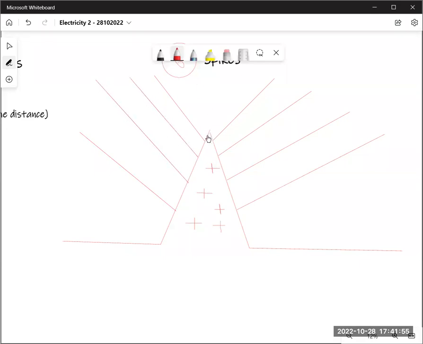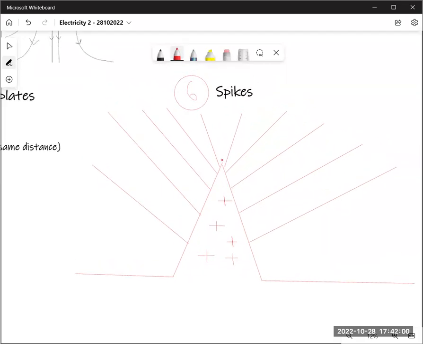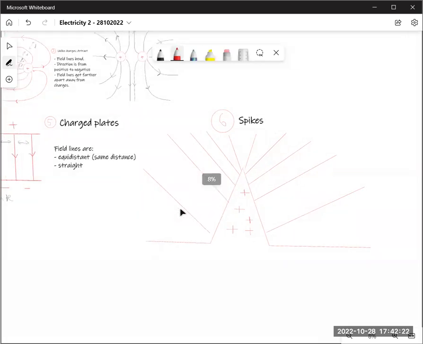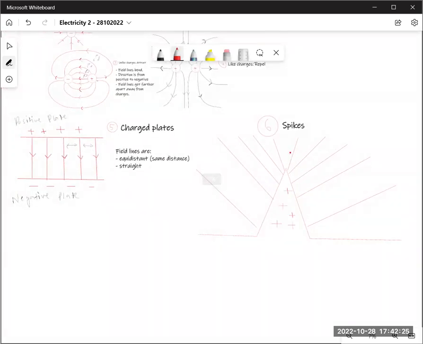You'll realize something is happening. As I go farther and farther away, the field lines are weaker and weaker. We'll look at electric field strength in a second. So the distance increases. Let's make this even farther away. The closer I go to the sharp spike, the closer the field lines become.